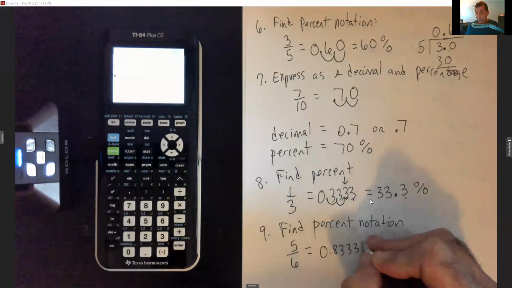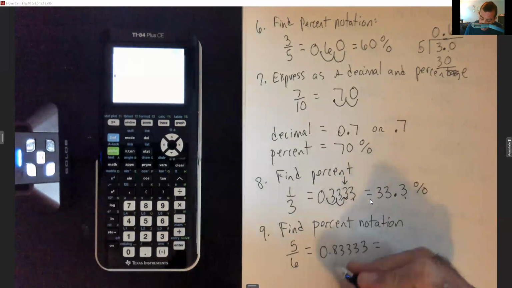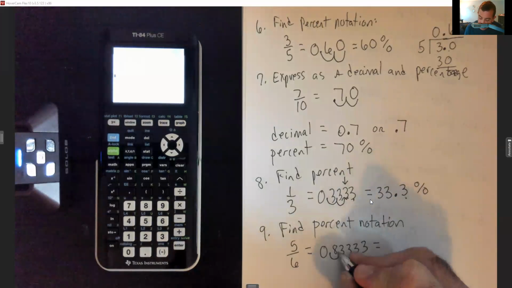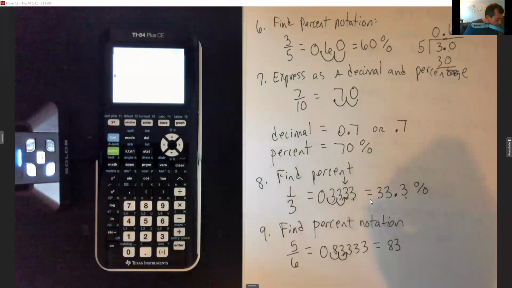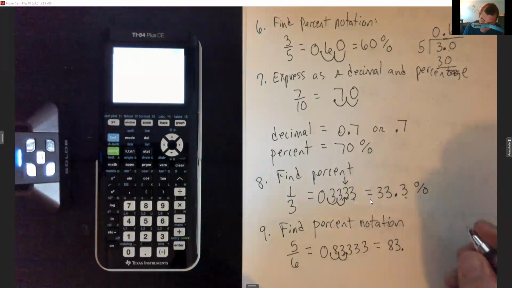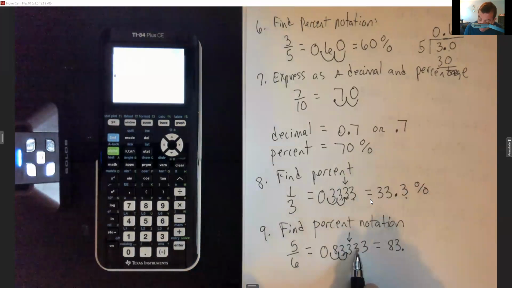It keeps on going forever. So to turn that into a percent, I'm going to move the decimal right twice. So it's going to be behind the 83. And we're still rounding to the nearest tenth, so that's going to be a point. So I'm looking at that 3 again. It's in the tenth spot. Since the number behind it is lower than a 5, that's going to stay a 3.